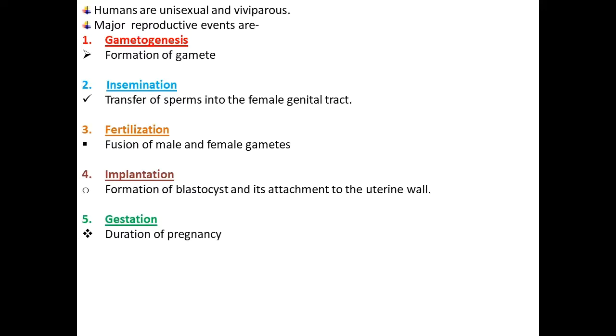And the last event of sexual reproduction is parturition. Parturition means the delivery of the fetus. Delivery of the fetus or a baby, childbirth, is called parturition, meaning end of pregnancy.